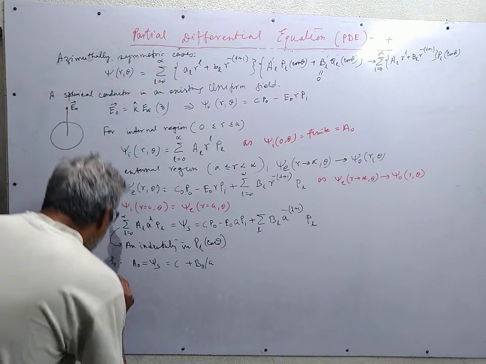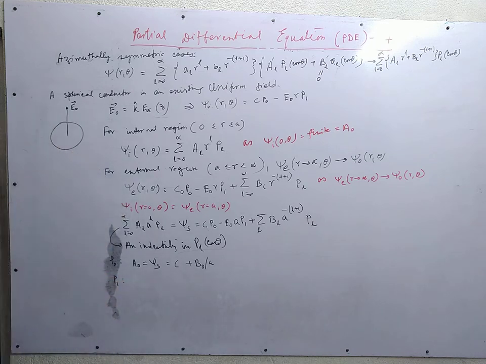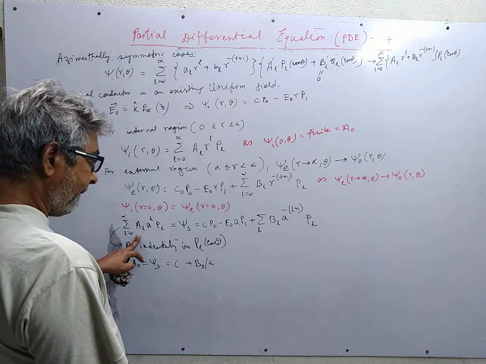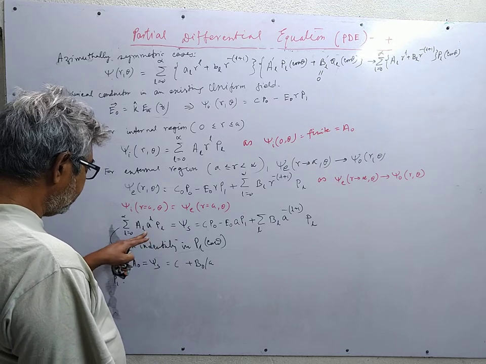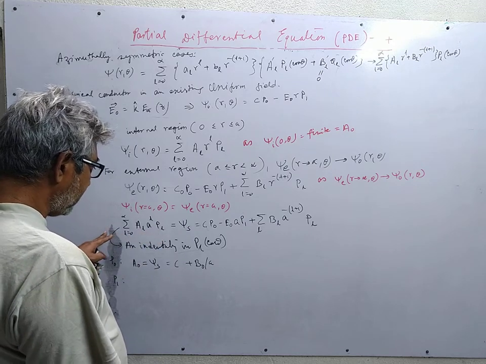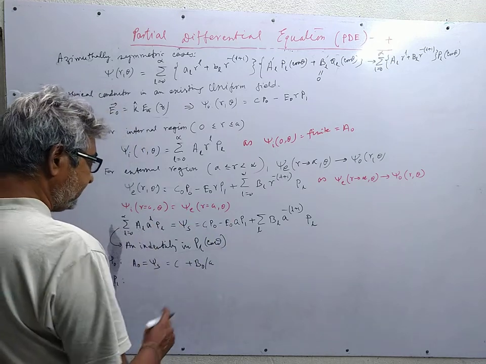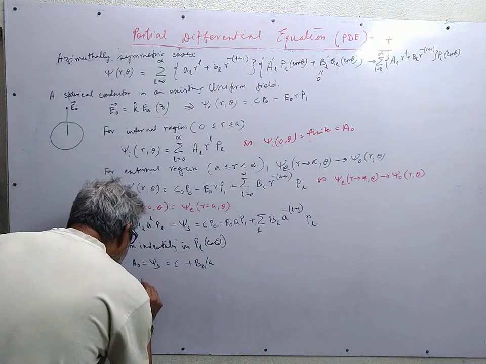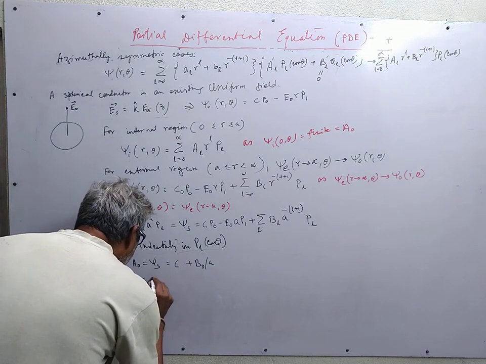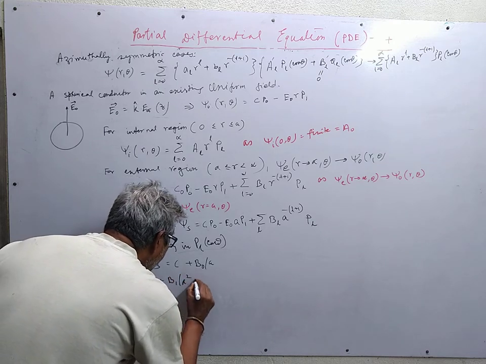And if we equate the coefficient of P1, you see that on the left hand side the potential becomes constant, and on the right hand side we have only E0 A times B1 by A square to be 0.